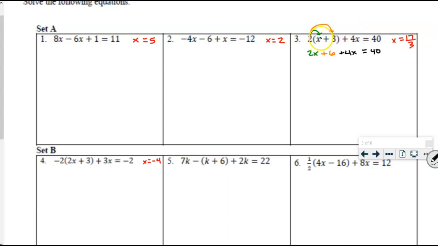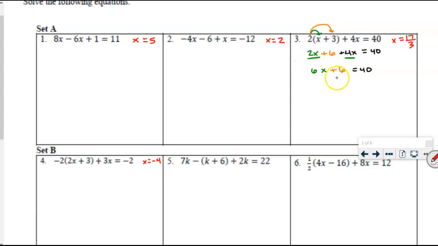So one simplifying step, we're still not quite done. We need to continue simplifying. I now have like terms that I need to combine. So I have 2x tiles here, 4x tiles here. 2x and 4x combine to be 6x tiles plus 6, which is equal to 40. Have you found your mistake so far, Brock? Everything's good so far? Okay.